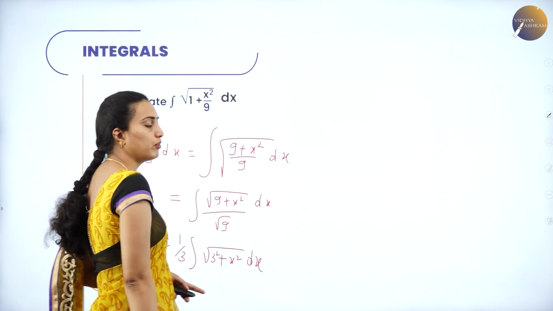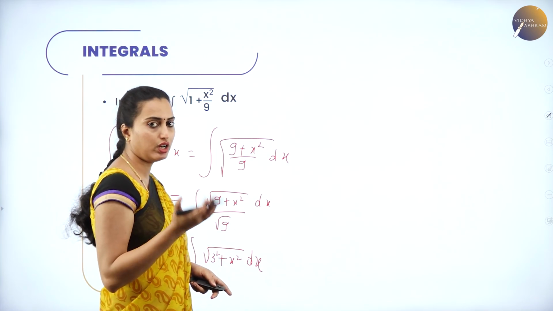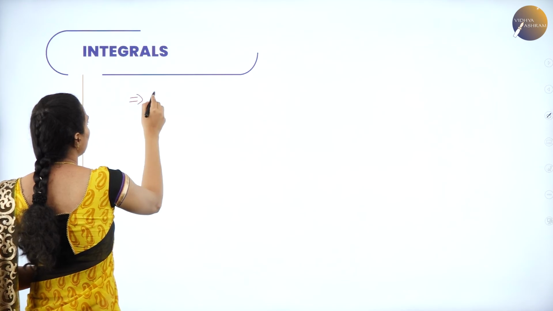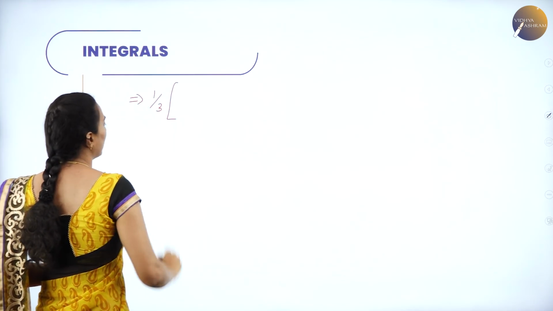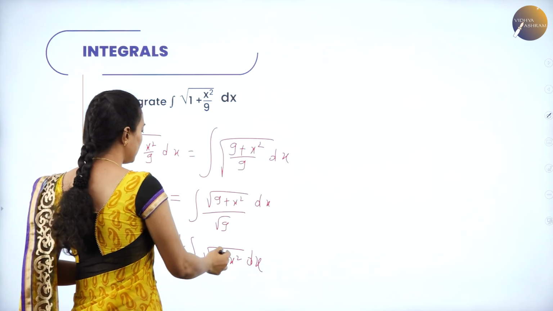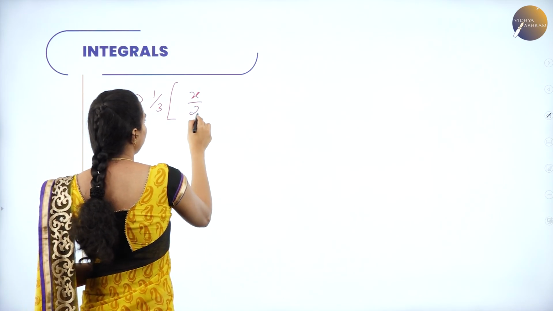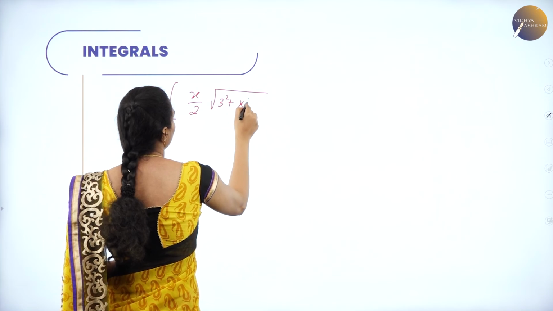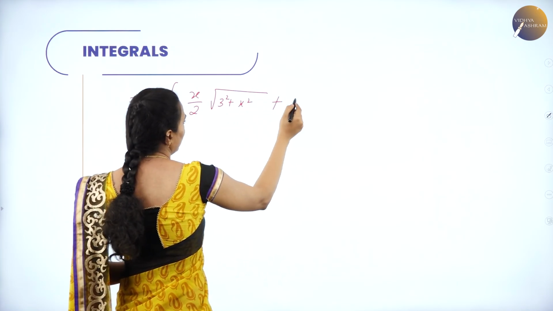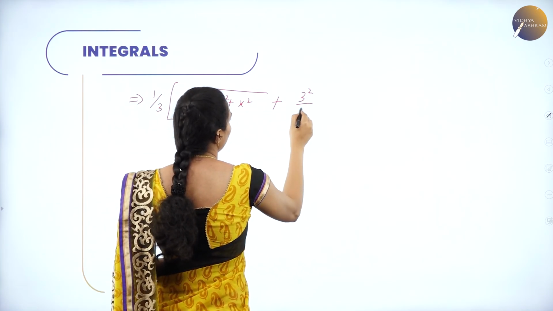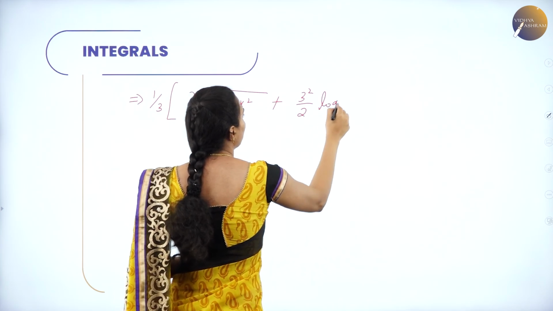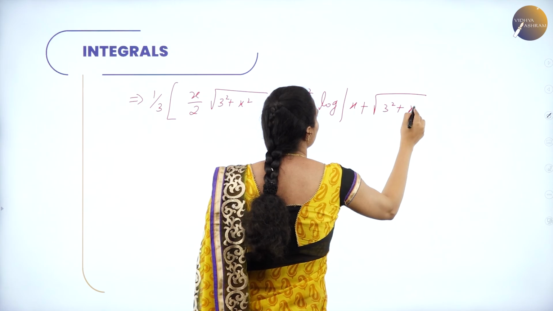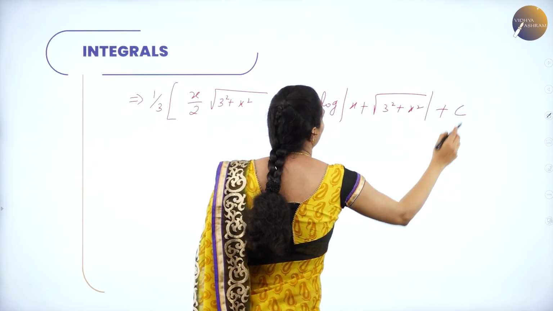Now this is of the form x squared plus a squared, or a squared plus x squared. So we know that, 1 by 3 is already outside, 1 by 3 into, open the bracket, x by 2 under the root of 3 squared plus x squared, plus a squared by 2, a squared is 3 squared by 2, into log of modulus of x plus under the root of 3 squared plus x squared, plus c, right?